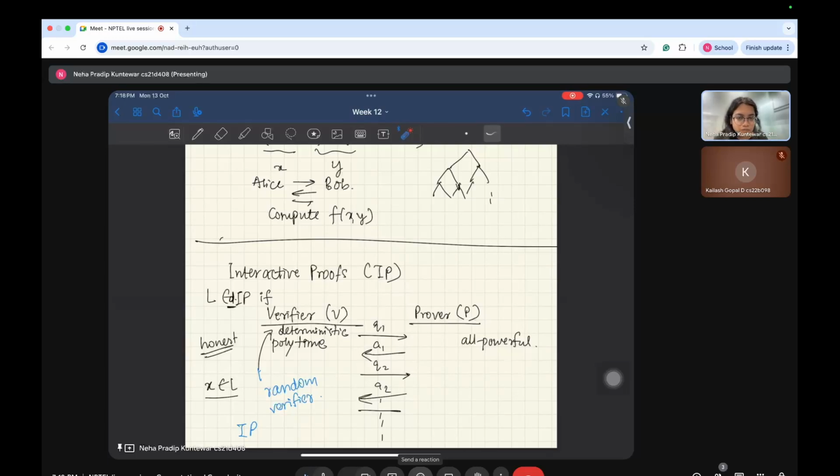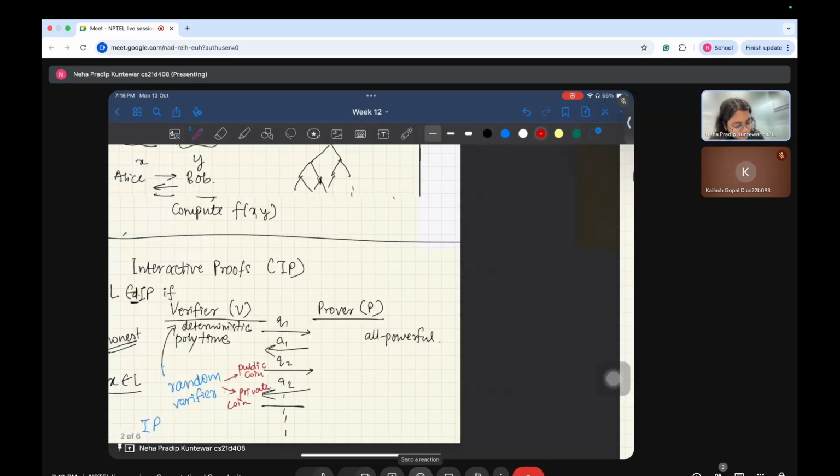By public we mean that the prover also knows what the random bits that have been tossed are. The private coin protocol means that only the verifier knows what the random coins are. We'll define this in detail shortly. So there are two variants, public coin and private coin. We'll get into the details later, but right now let's just focus on this IP class.